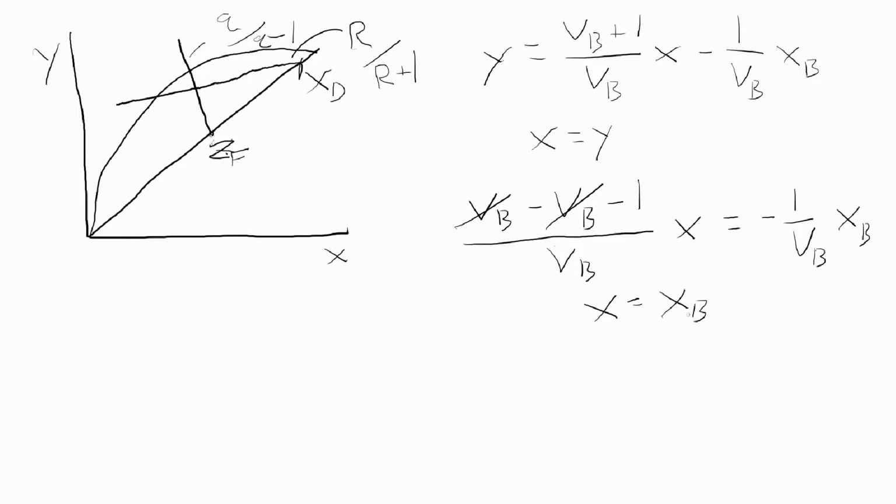So just as the rectifying section operating line intersects the 45-degree line at xd, and the Q line intersects the 45-degree line at the feed composition, the stripping section operating line intersects the 45-degree line at the bottoms composition, x sub b.